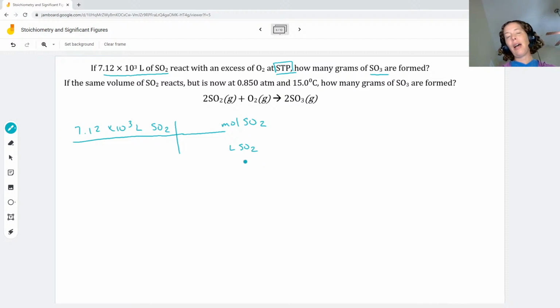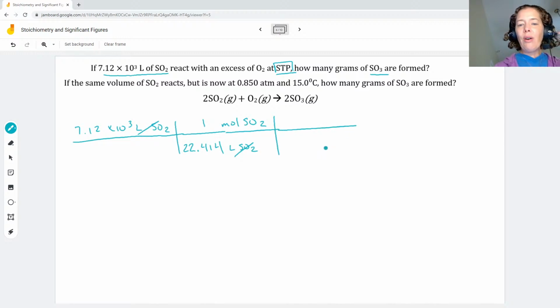Again, I want to set this up so that my liters of sulfur dioxide cancel and I'm left with moles. Well, in the molar volume, this is 1 mole and this is 22, and I'm going to give this a couple of extra sig figs here. Okay, so our liters of sulfur dioxide have canceled. Now we have moles of sulfur dioxide, which means we can jump straight to our mole ratio.